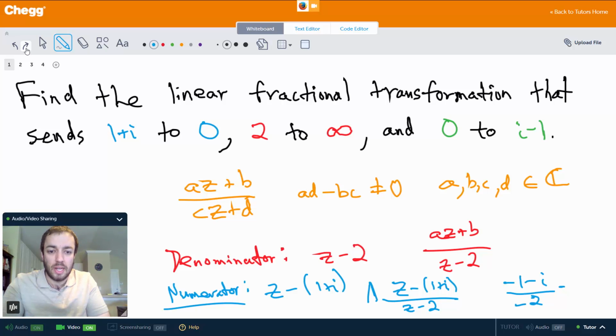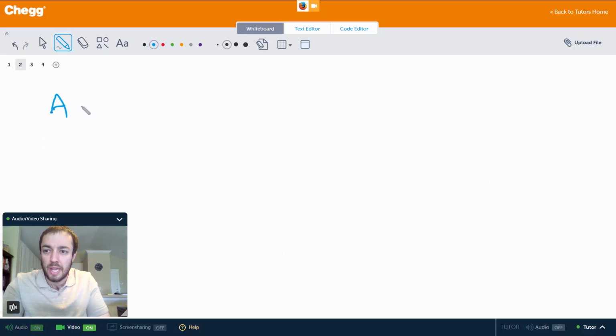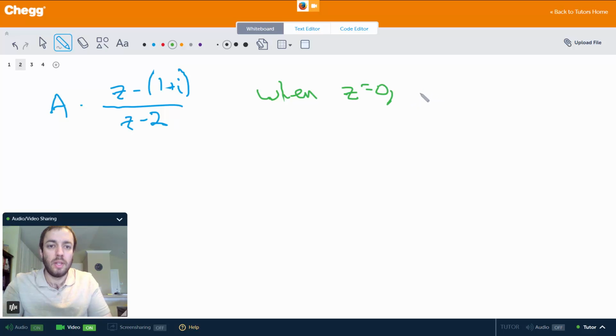Let's move to the next page. So far we have a times z minus 1 plus i over z minus 2. And we know that when z equals 0, we have i minus 1.